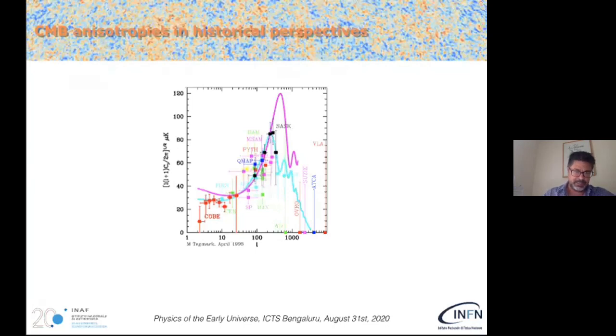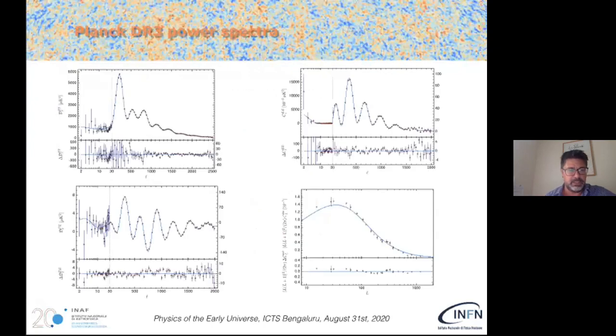And this has evolved, and the milestone is the Planck 2018 power spectrum, the third data release, in which not only the temperature power spectrum is present, but also polarization, temperature-polarization cross-correlation, and the lensing power spectrum. For each panel, the residuals of the data with respect to the best fit of Planck data in temperature, polarization, and lensing for the lambda CDM model are also reported.